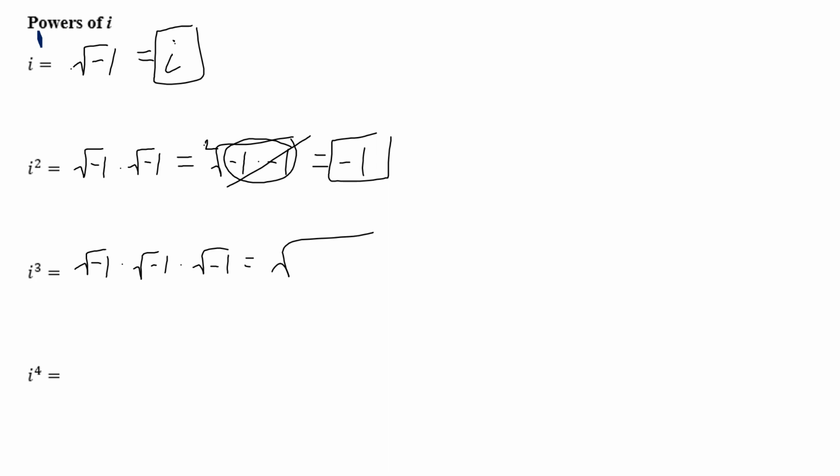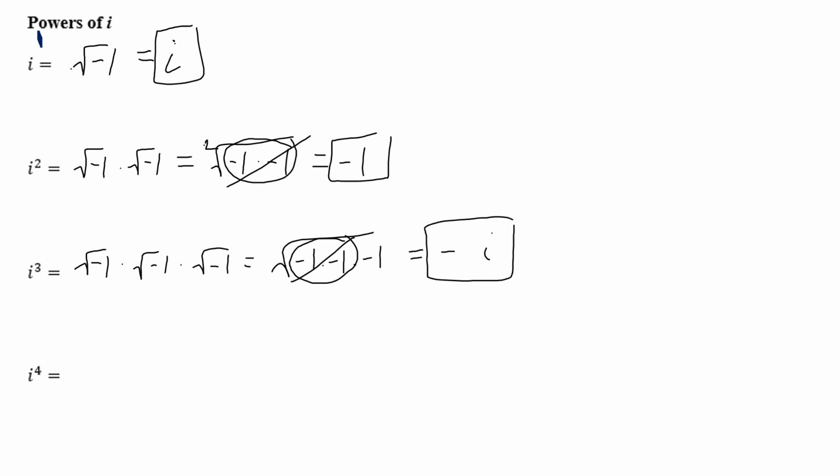Again, put it all underneath the one radical. We have 2 of those, which one will come out. They'll both cancel. We'll be left with the square root of negative 1, which we know is just i. So that's really just going to be negative i.